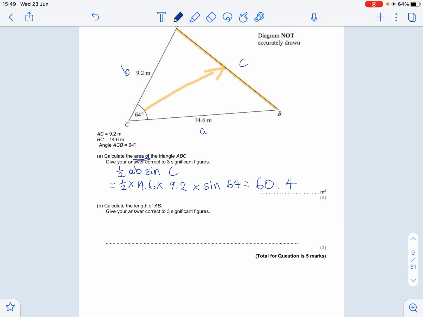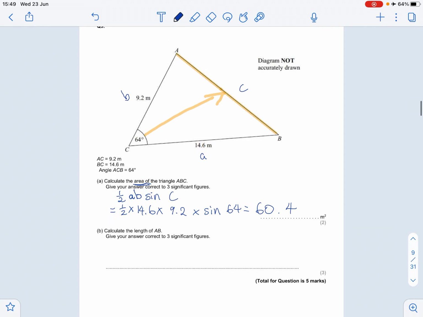So just to make our life a bit easier, let's call this angle A, side a. We want to find our side a.